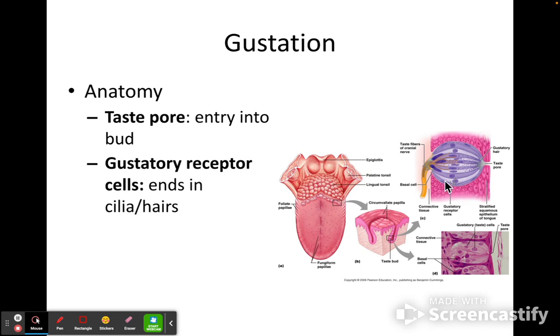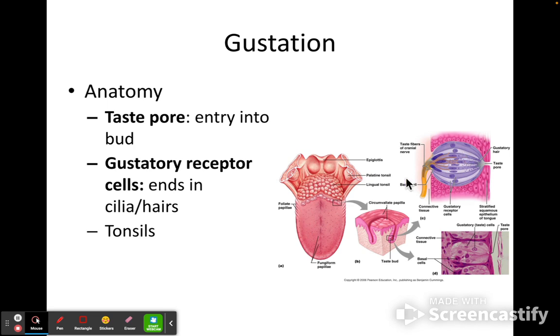Inside, every single one of these little purple cells with the nucleus, that is a gustatory receptor cell. So this is the connection to the nervous system. These are chemoreceptors, and they have little tiny cilia or gustatory hairs, just like we saw in the nose, on the ends. So a gustatory receptor cell are the purple cells within the taste bud.